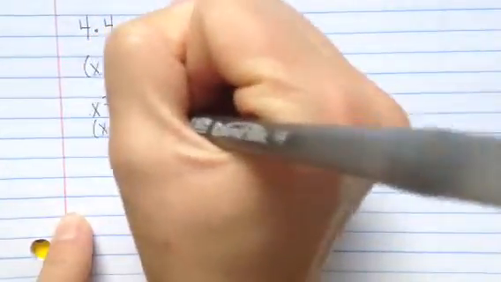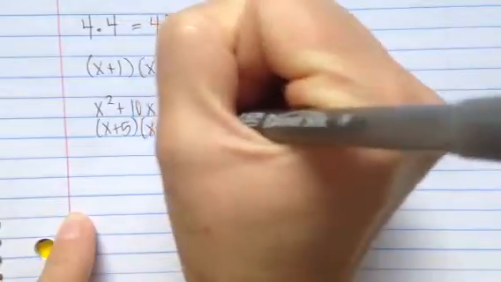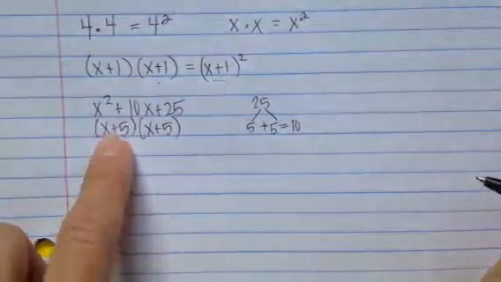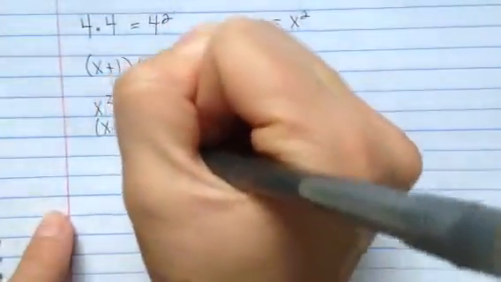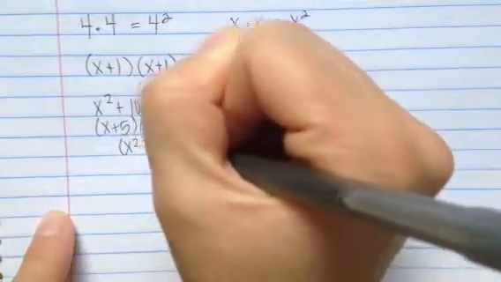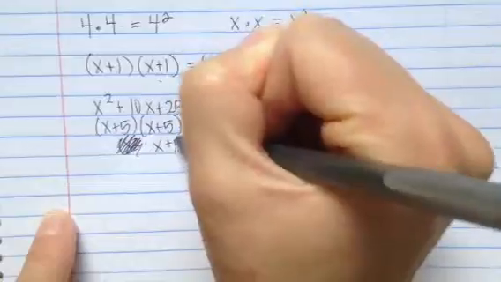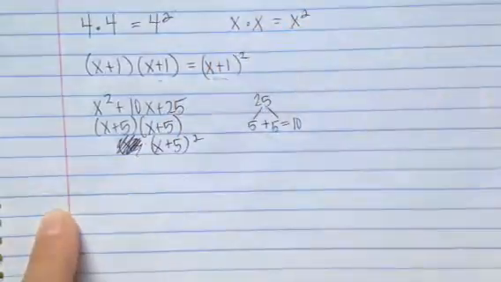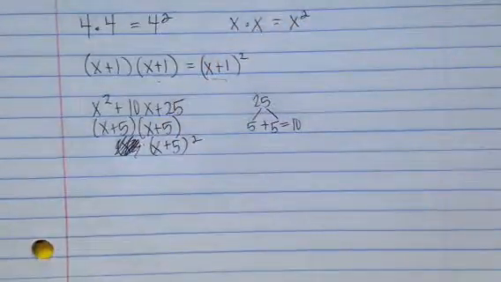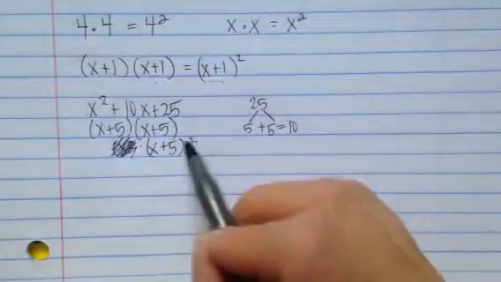So then over here I'm just going to write x plus 5 and x plus 5. And since it's the same thing here and the same thing here, it's going to be x plus 5 squared. And that's your answer.